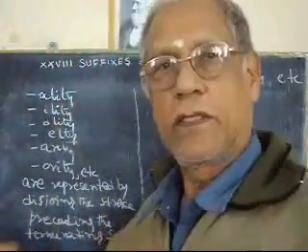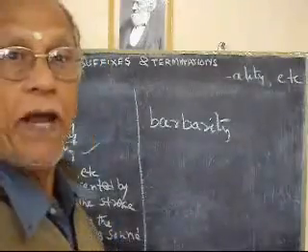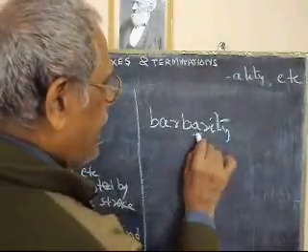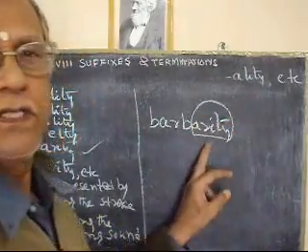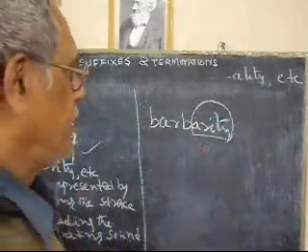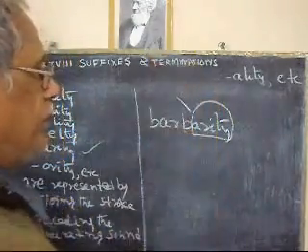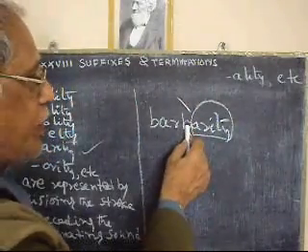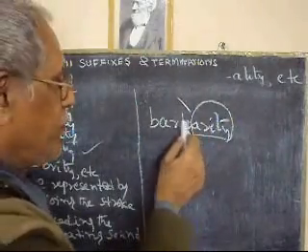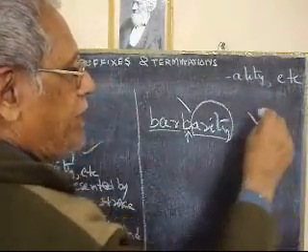Now, let us see another termination. Arity. Barbarity. This arity is there. This is the termination, the suffix. Before that, what is the stroke? B. This stroke may be disjoined from this structure. Barbarity.